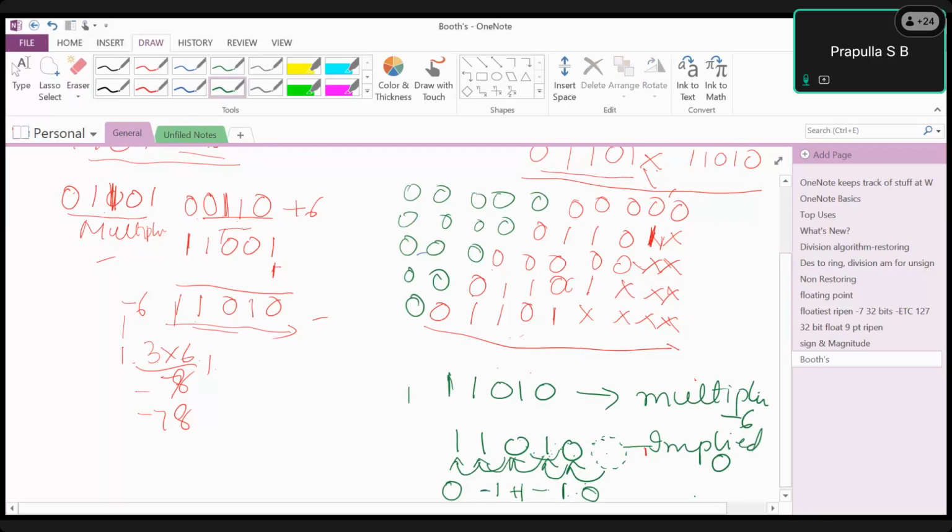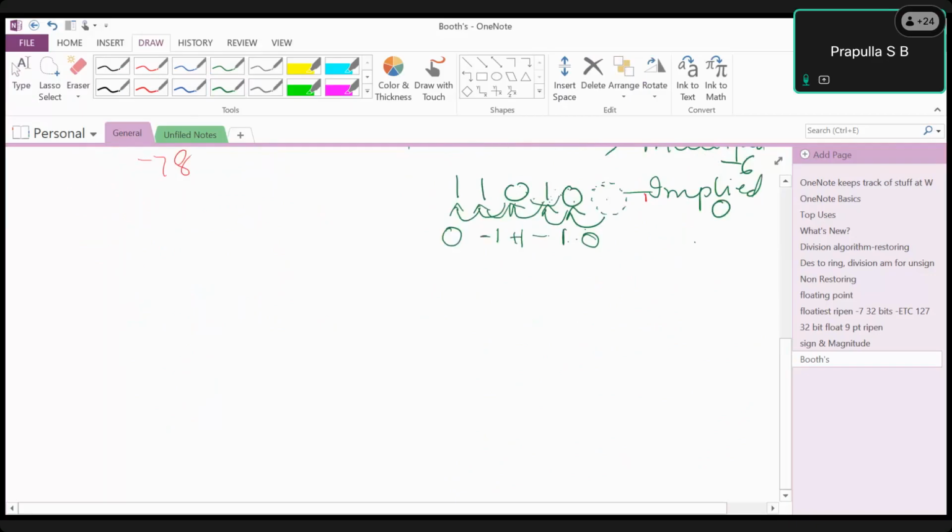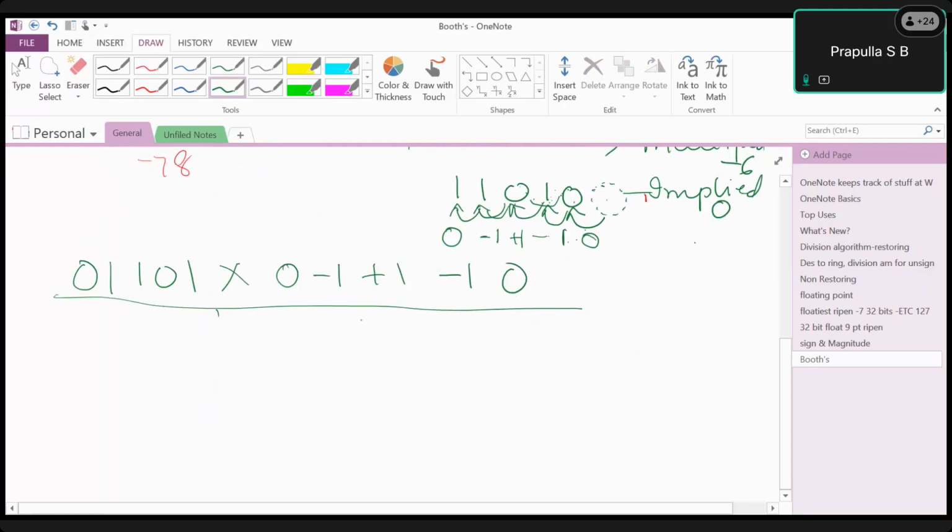0, 1, 1, 0. So now, what is the 13 we had? 13 is 01101. To that I have added 0, and the recoded multiplier is 0, -1, +1, -1 and 0. So I have to multiply this value with this. 0 into everything is 0, so I'll get 5 bits as 0. Then -1 into this: you should take the 2's complement of m.